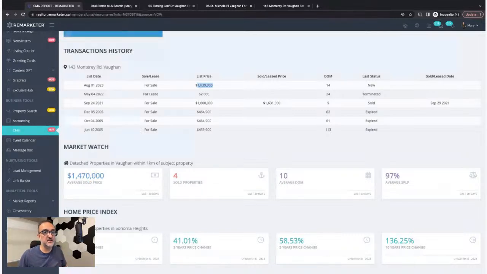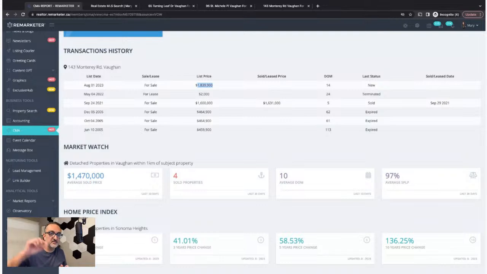What does that tell me? Competition is fierce for this property. There tend to be cheaper detached properties available in the neighborhood. Now, we still need to compare, still need to see what's going on. Maybe this is a much better renovated property, and these are the things that we would consider. But right off the bat, I'm looking at a property that is the outlier.